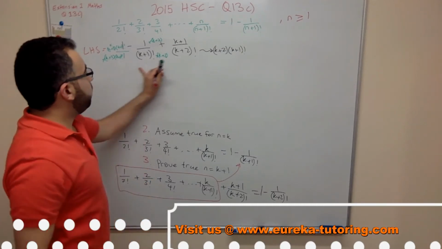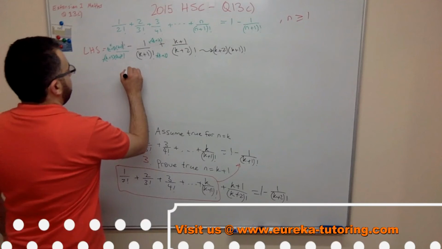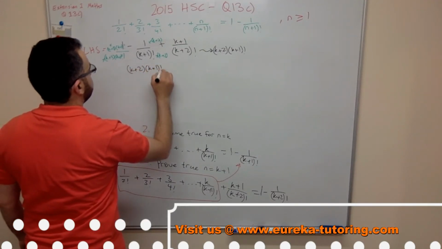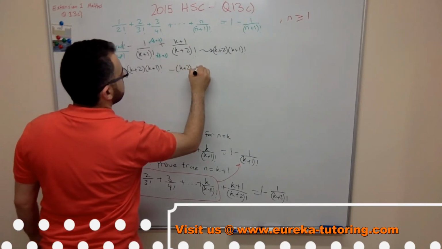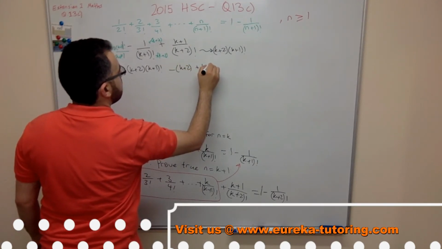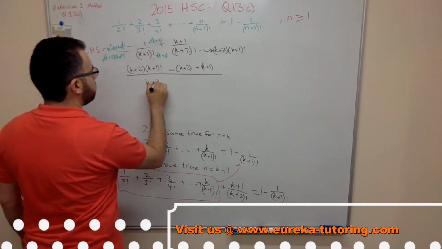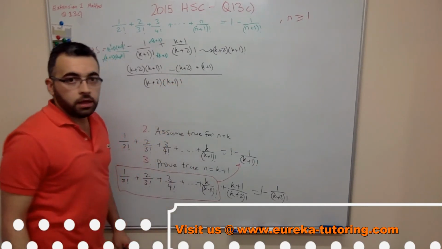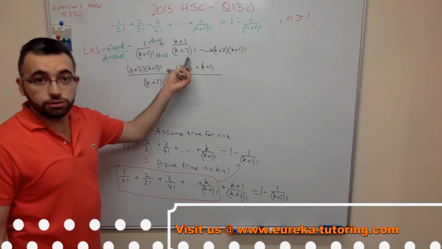So now that we have a common denominator, we can just add the numerators. So we have (k plus 2)(k plus 1) factorial minus (k plus 2) plus (k plus 1) over (k plus 2)(k plus 1) factorial. Now this (k plus 2)(k plus 1) factorial is pretty much (k plus 2) factorial.